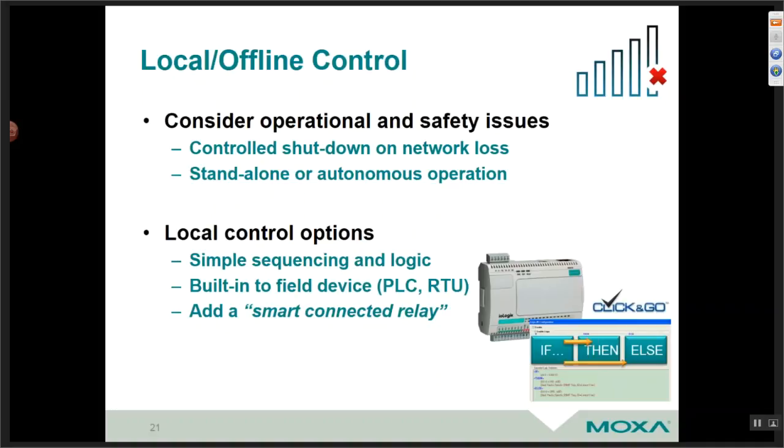If I lose SCADA connections, do I need to have an alarm that starts that pump if a level rises, even if my SCADA system is down? If you don't have that intelligence, you might want to consider some simple local control as part of your system. Even if you're not a PLC programmer and that's not part of what you do, select end devices that do some of this.